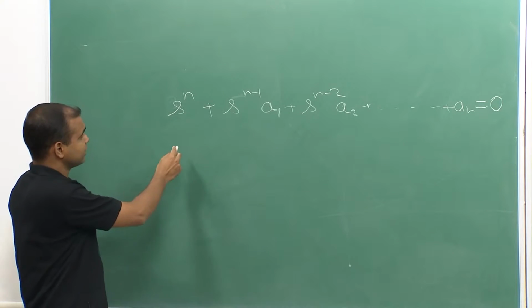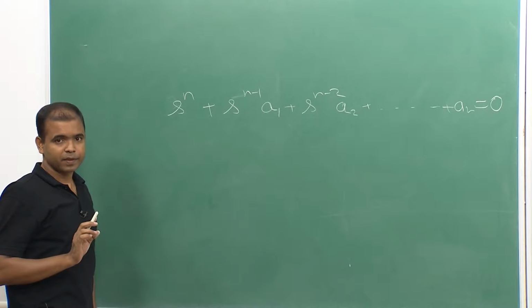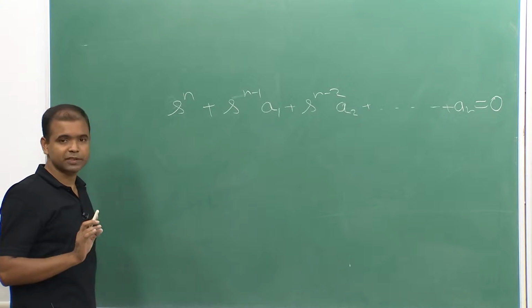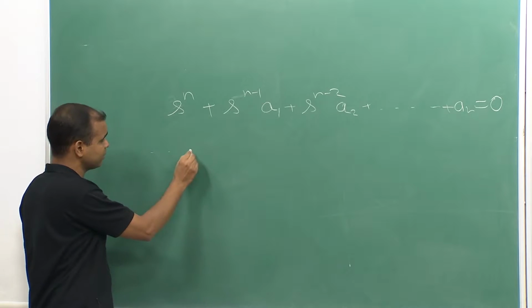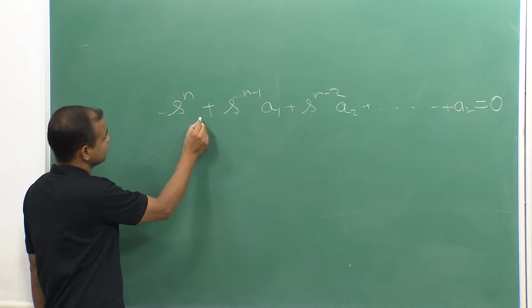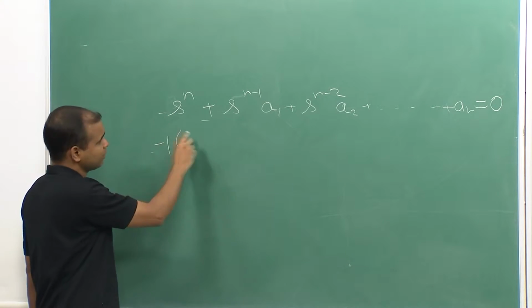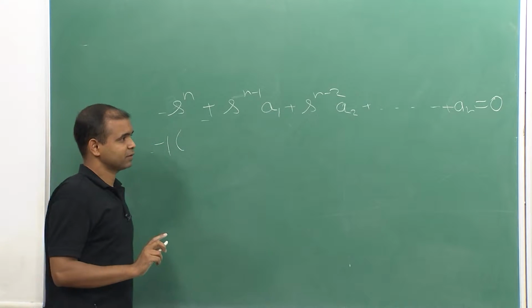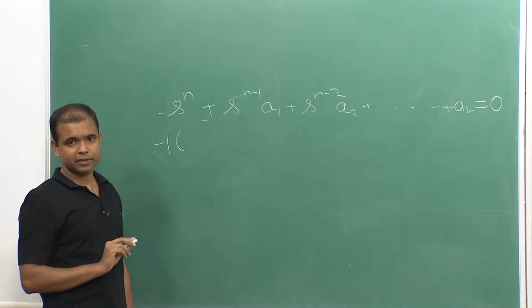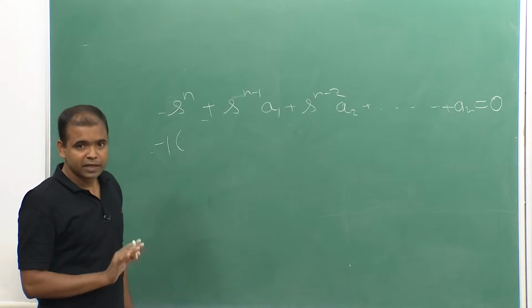All the coefficients of s must be positive or must have the same sign. Even if they are all negative, in that case we can take minus 1 common and all will become positive. So, in the case of stability it does not matter whether they are positive or negative, they must all have the same sign.